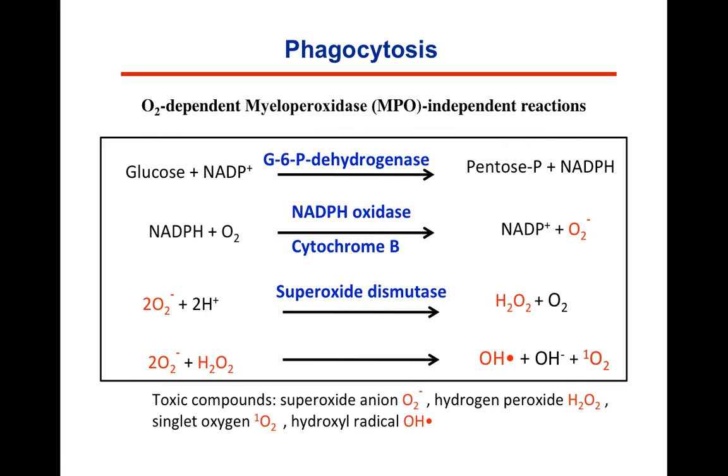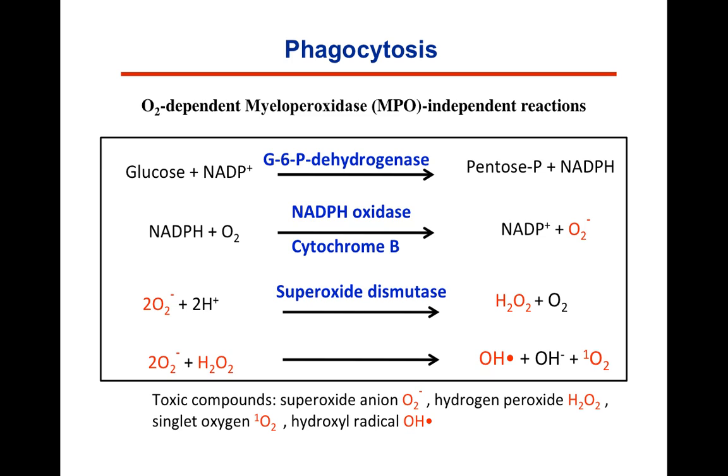Now there are other things that phagocytosis can do. In other cases, it's not enzymes, but toxic molecules that are produced. Most of these have to do with molecules involved in oxygenation, or reactive oxygen species.